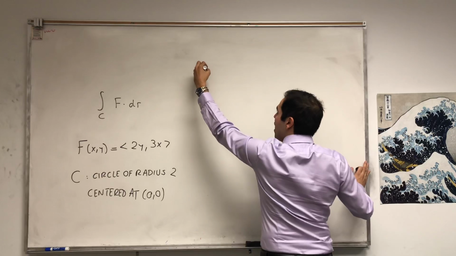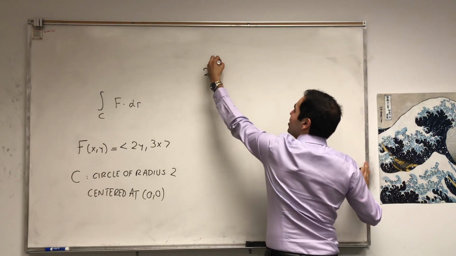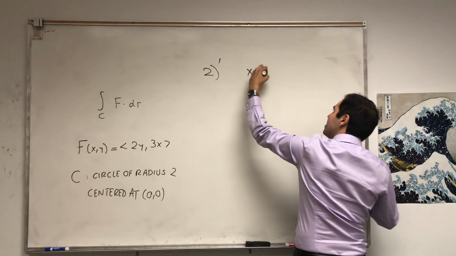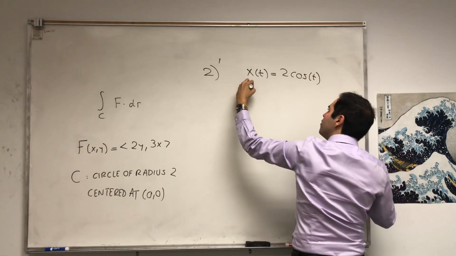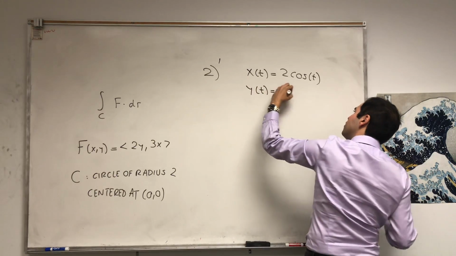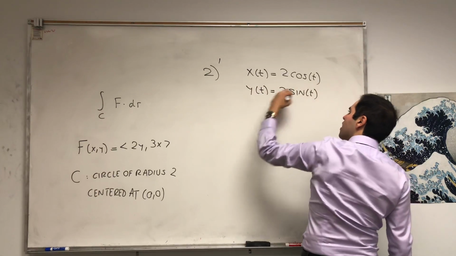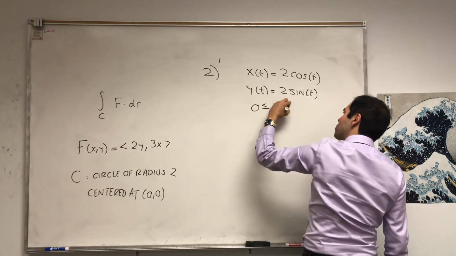Then just parameterize again. Parameterize C, so x(t) is 2 cosine of t, y(t) is 2 sine of t, and t is from 0 to 2 pi.